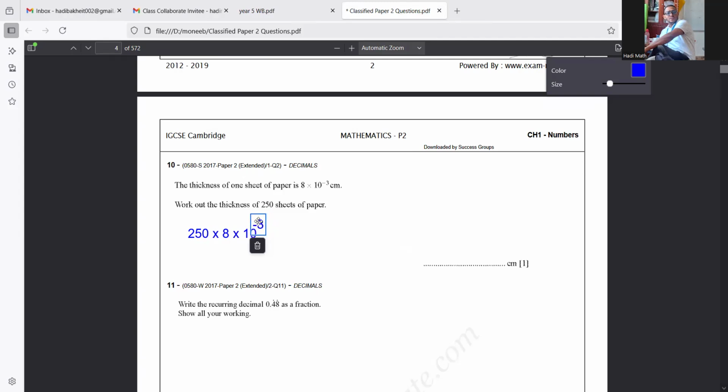You could say 250 multiplied by 8, which is equal to 2000. You can use your calculator or you can just do the multiplication. So 250 multiplied by 8 is equal to 2000. And then 2000 multiplied by 10 to the power negative 3 is equal to 2. It's 2 centimeters.